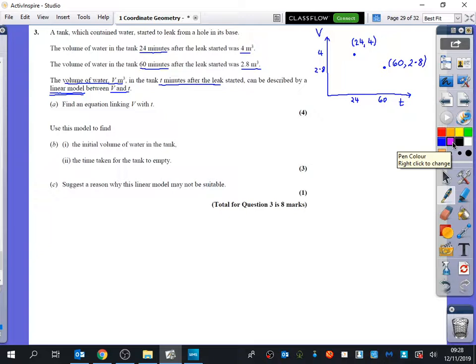You could easily do this question without the graph, but the graph is actually there to link it back to what we've been doing for the last 2 lessons. It reminds us that we can use graphs to model things. And it tells us that there's a linear model between them.